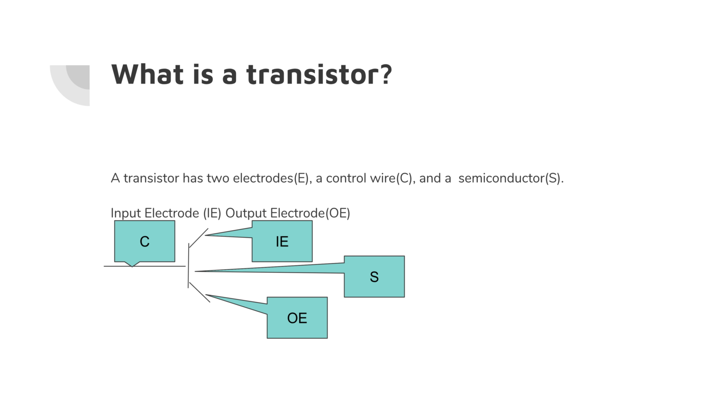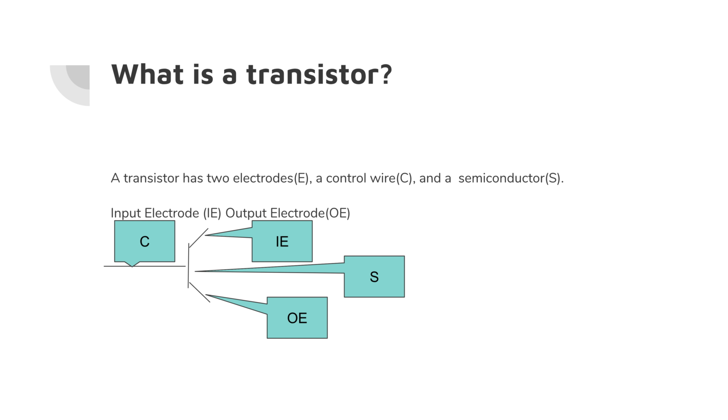So, there's also a control wire, C, which is a lot like our condition, which also starts with the C, by the way, and a semiconductor. It's called a semiconductor because it can either open or close, depending on what the control wire is set to.